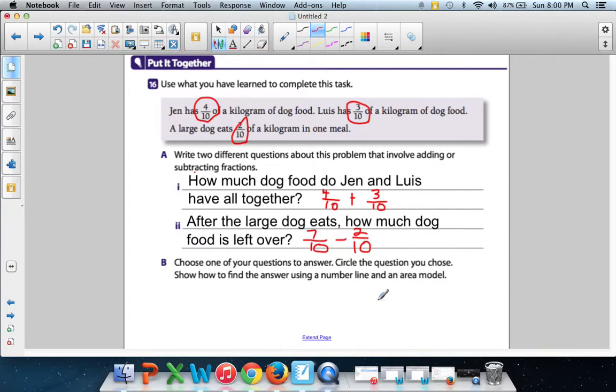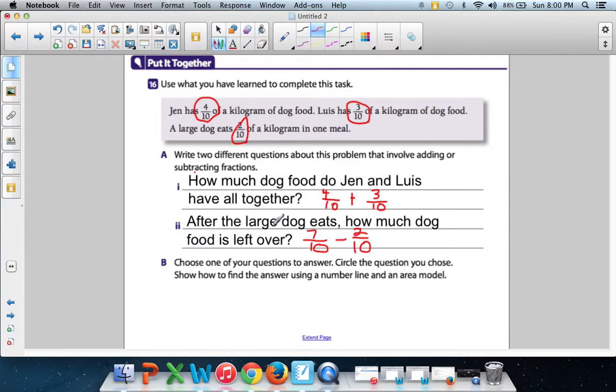No problem. The only hard part is reading carefully enough to know that 4/10 plus 3/10 is the addition, and 7/10 minus 2/10 is a subtraction. It's not that the math is hard, it's that reading and understanding how to make your own problems, that's the hard part.